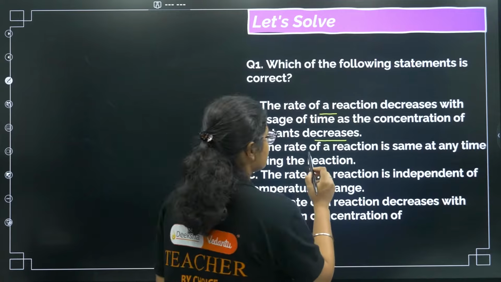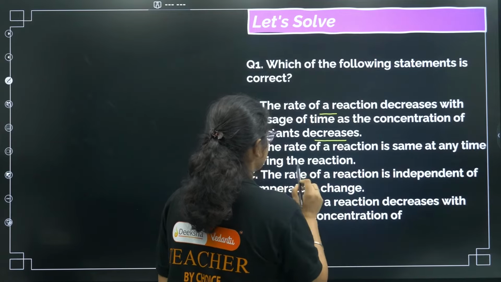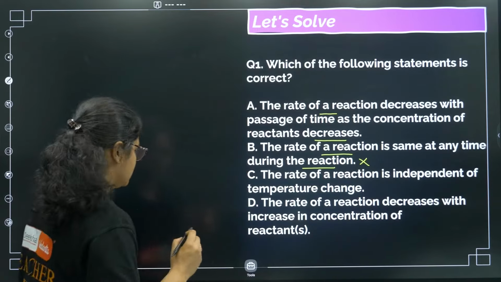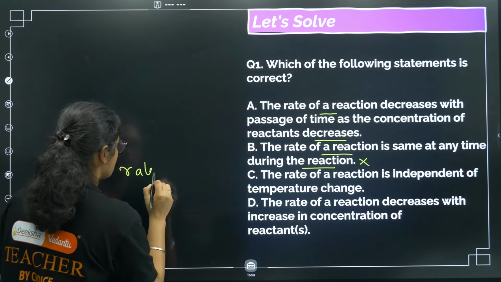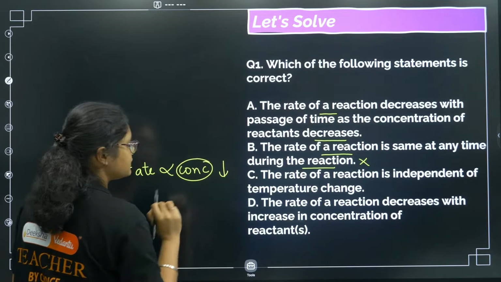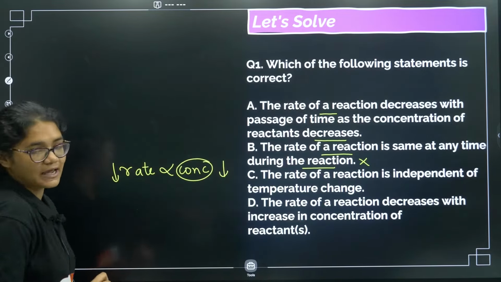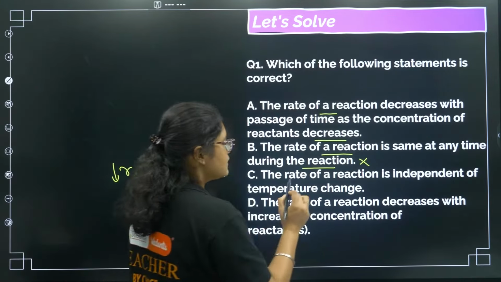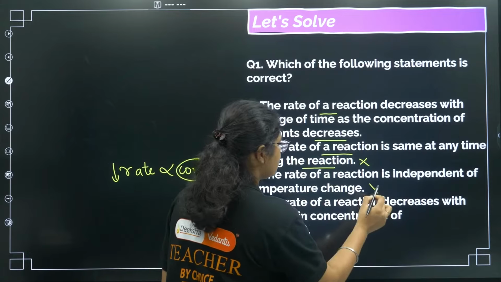Next, coming to this one, the rate of a reaction is same at any time during the reaction. No, this statement is wrong. As I already told you, rate depends on concentration, right? And concentration decreases with time, so rate will also decrease with time. That is why rate cannot remain constant. Next, the rate of a reaction is independent of the temperature change.